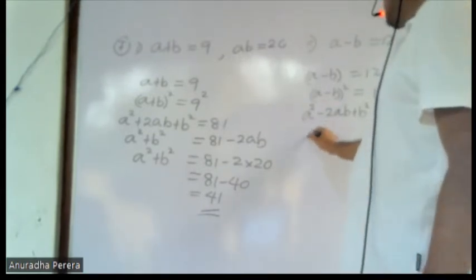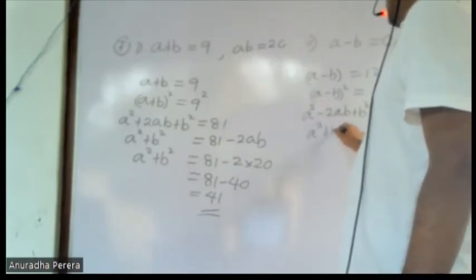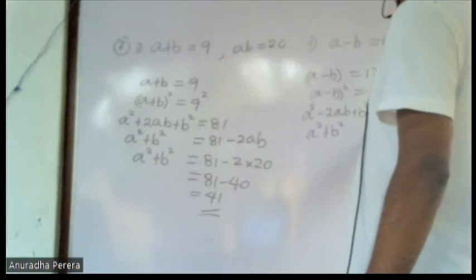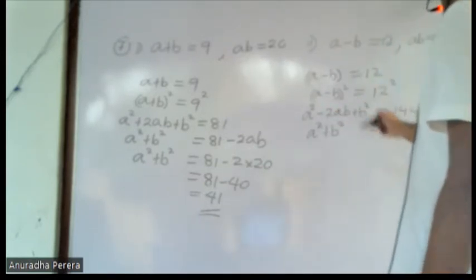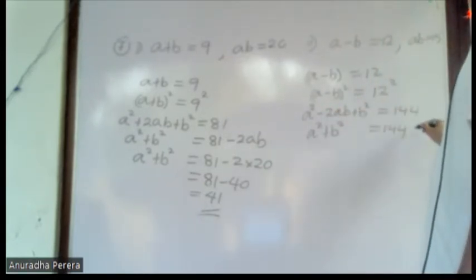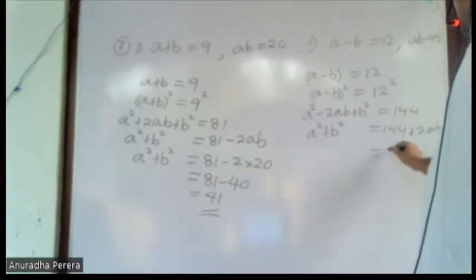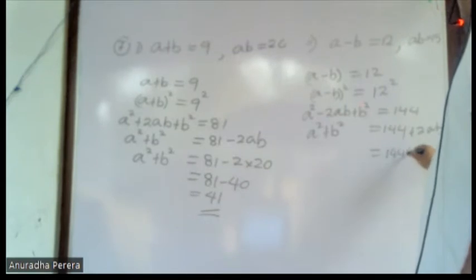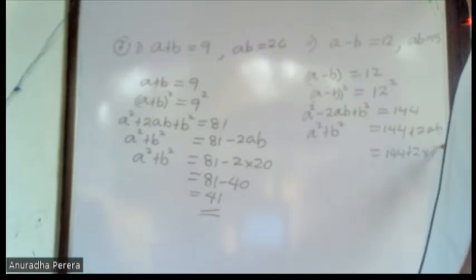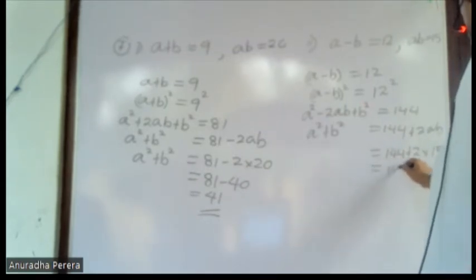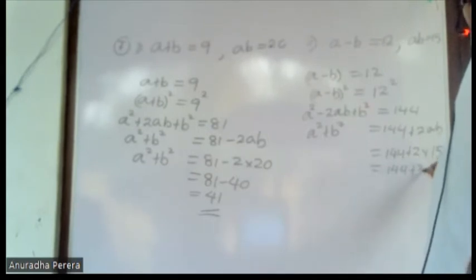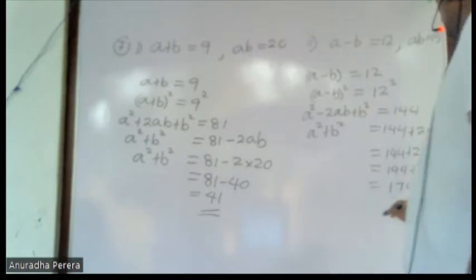In a squared plus b squared, 144, change this, becomes plus 2ab. Then 144 plus 2 times ab, which is 15. 144 plus 30. Your answer is 174.